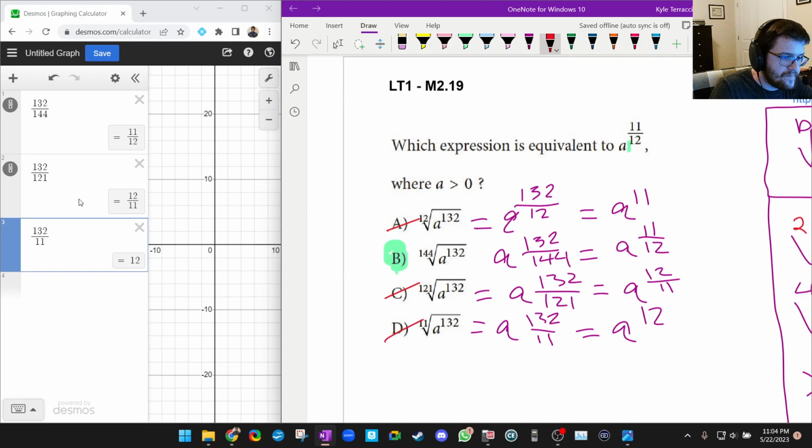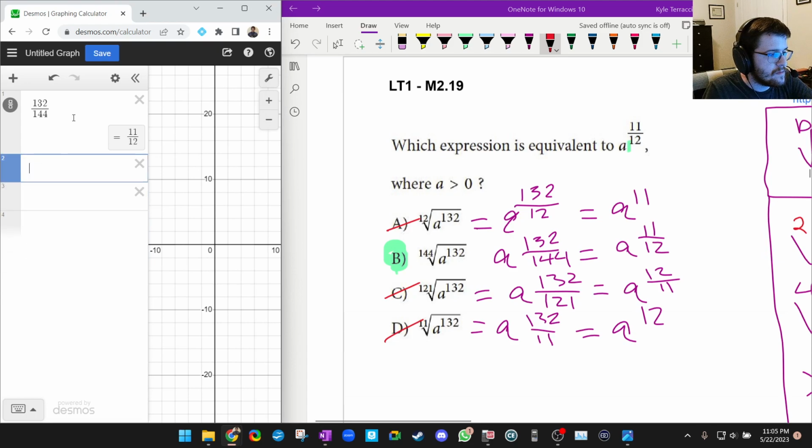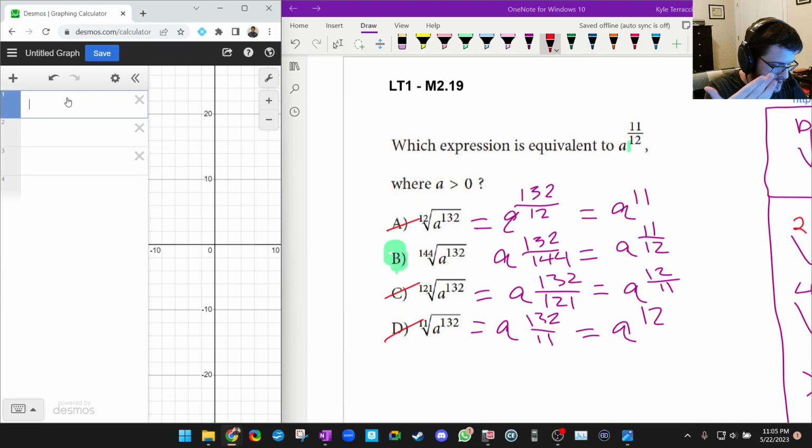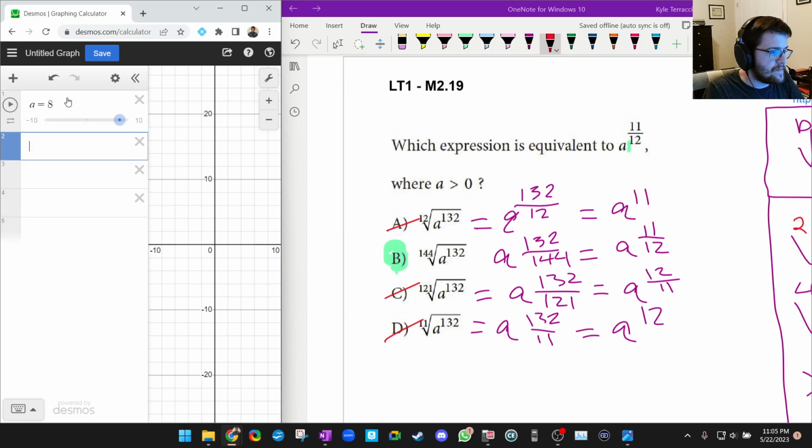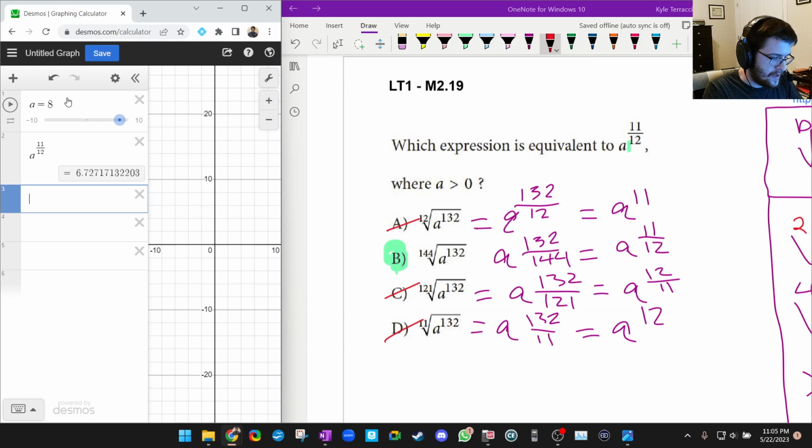And the other thing you could have done is, even if you had no idea what was going on, right? You can guess and check using values, which is something I really should make a video about. It says A is greater than 0, so let's make A, I don't know, why don't I make A 8? So A to the 11 over 12, that's the original, right?